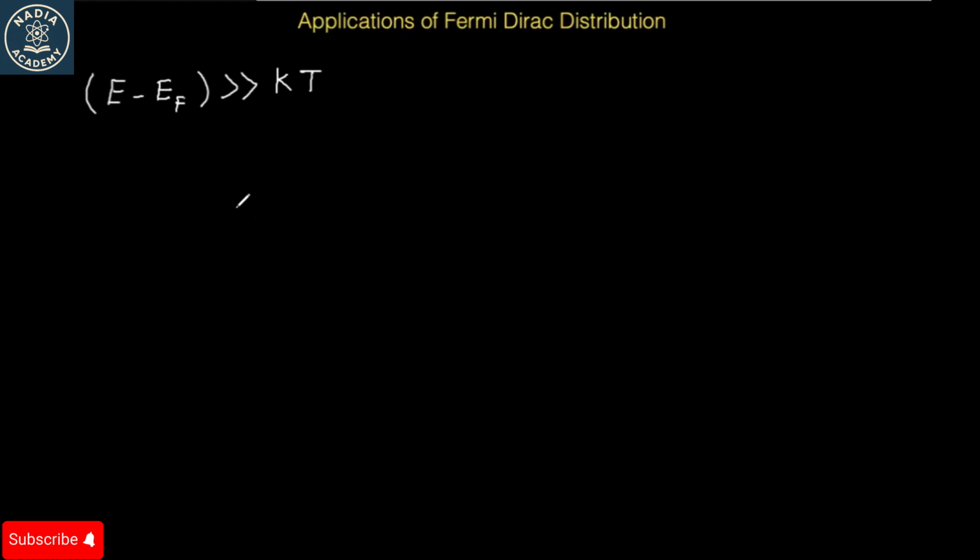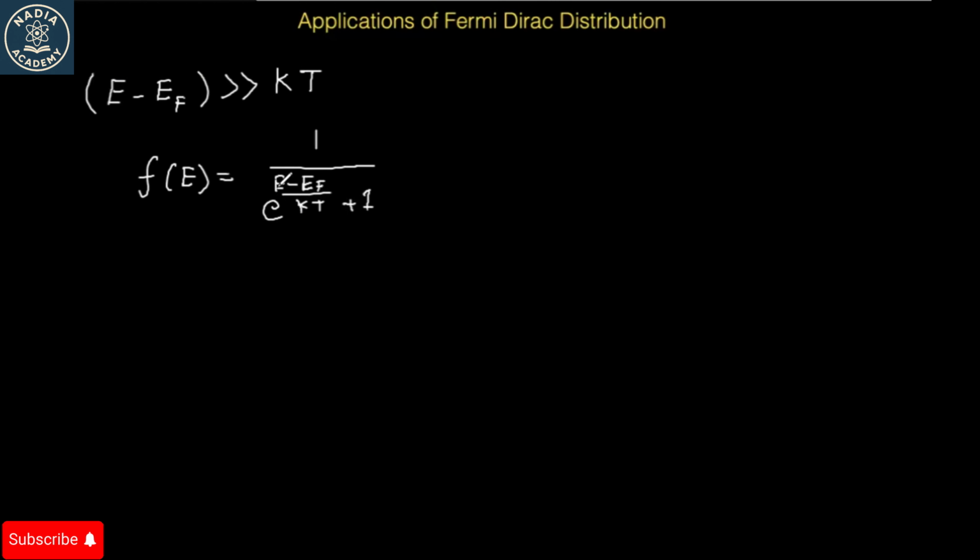So then what would happen to our Fermi-Dirac distribution function? Our function will be reduced like the following: the Fermi function is equal to 1 over e raised to E minus EF divided by the thermal energy, plus 1.